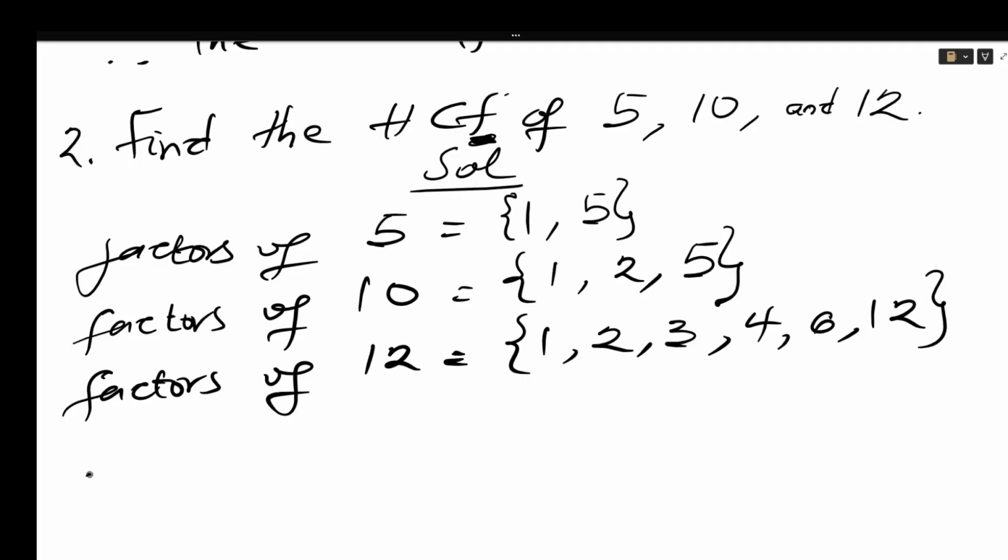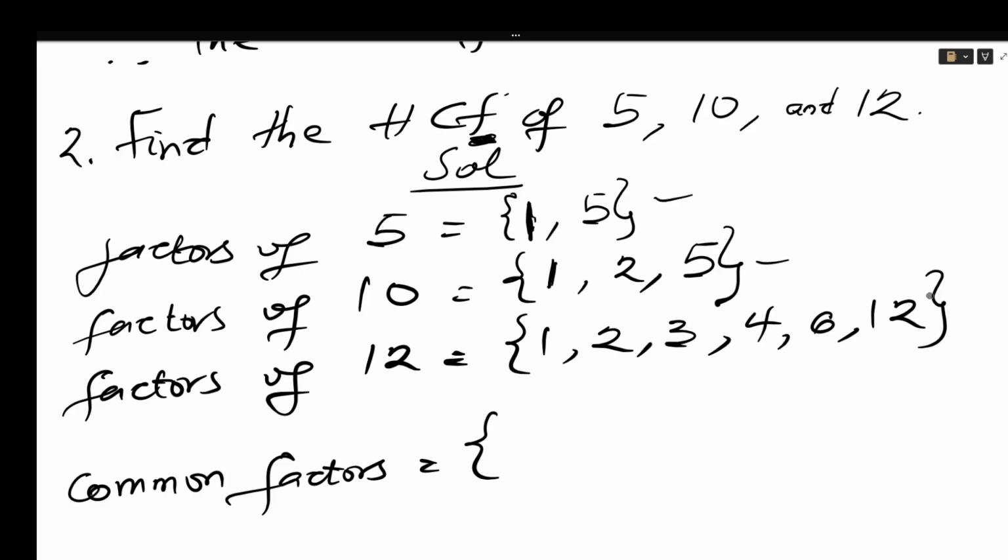Now let's proceed to common factors. So what number can we find over here, over here, over here? So I believe you have 1 running throughout. We have 5 here, we have 5 here, but unfortunately we don't have 5 here.